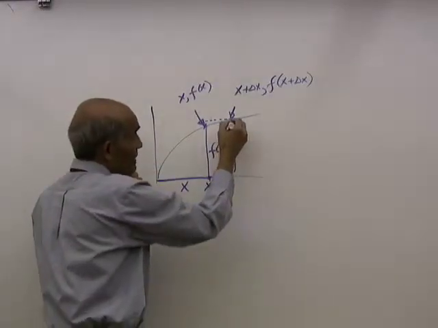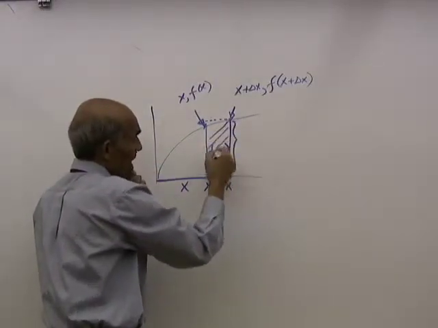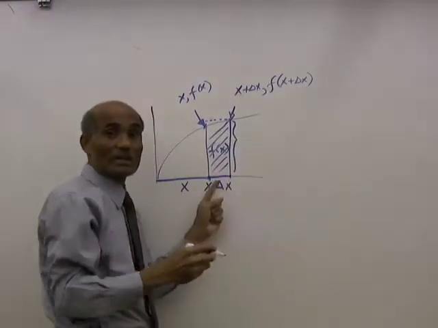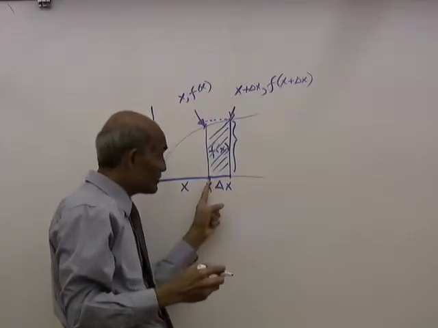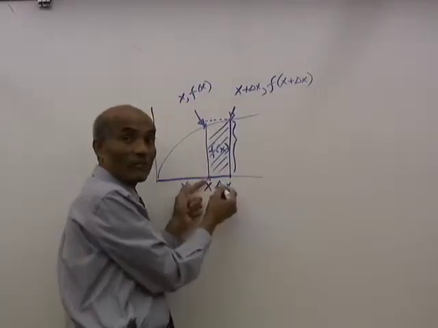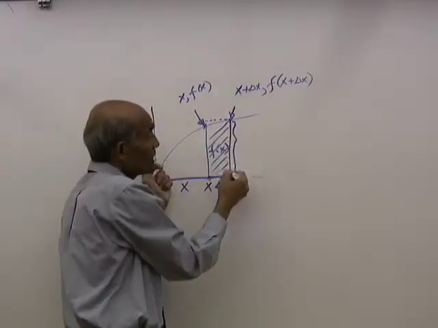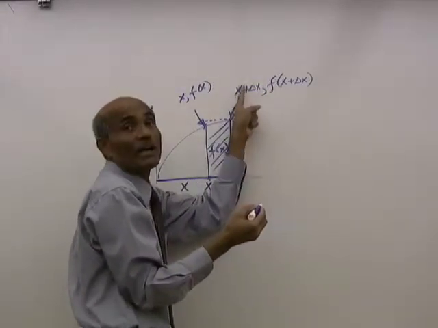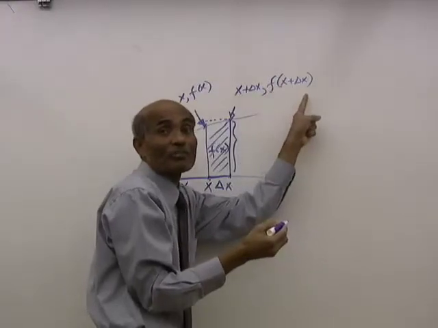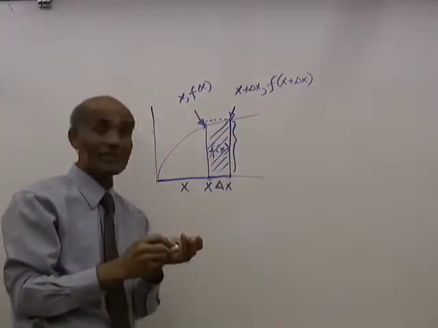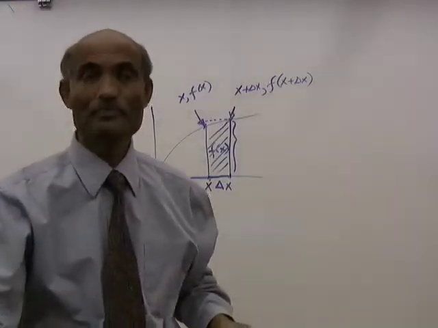And the area of this rectangle can approximately be calculated as the width of the rectangle. What is the width of the rectangle? Delta x. And the length of the rectangle, which is f of x plus delta x. Is that right? All right, we're going to use this in our discussion today.